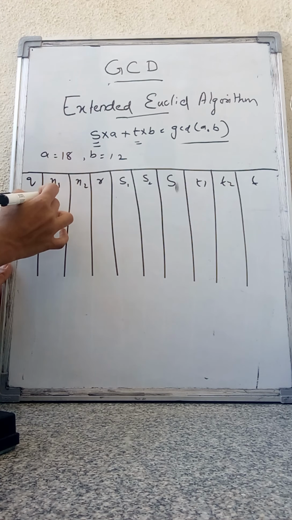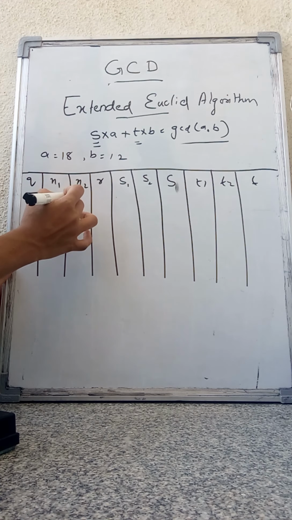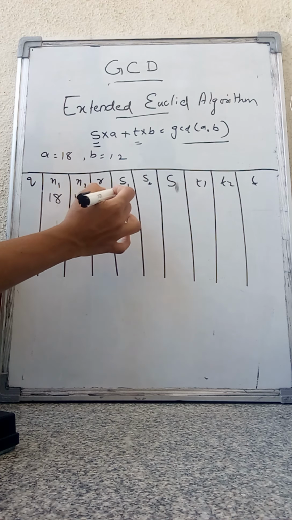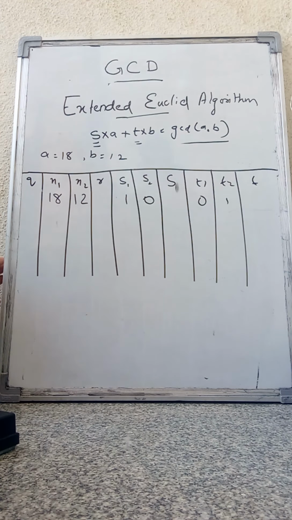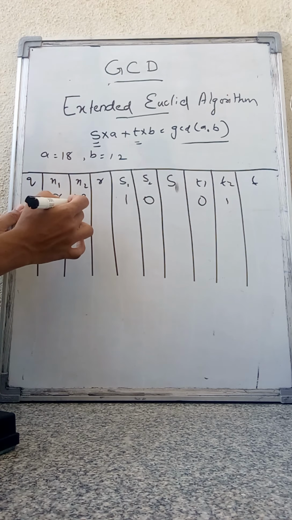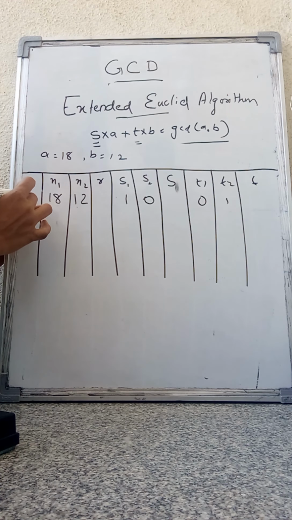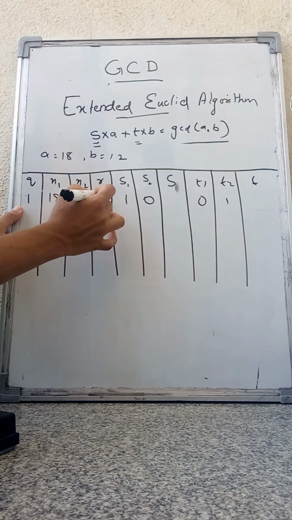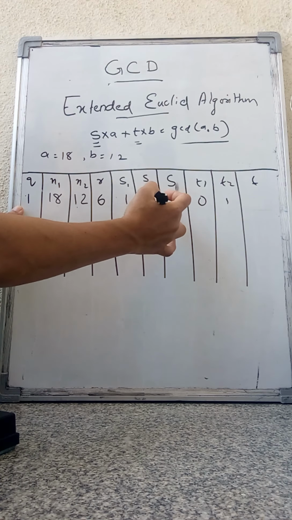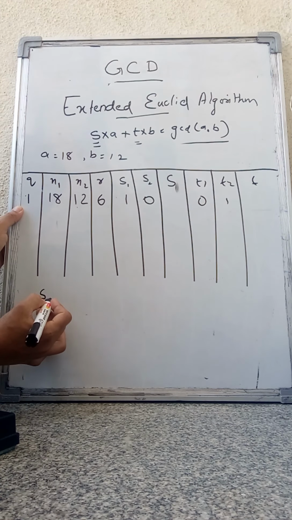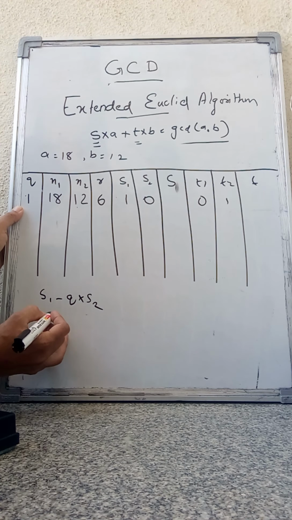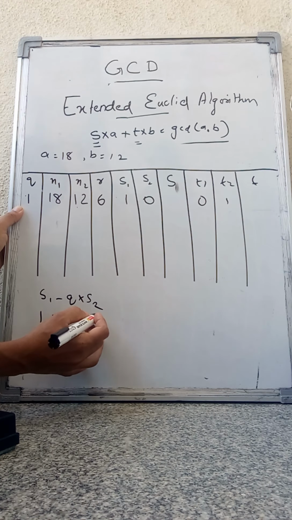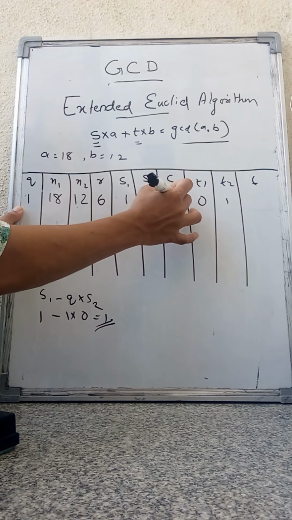Initially n1 is 18, n2 is 12, then s1 is 1, s2 is 0, t1 is 0, t2 is 1. This is initialization. Now q is 1 and the remainder is 6. So s is equal to s1 minus q into s2, that is 1 minus 1 into 0, which is equal to 1.